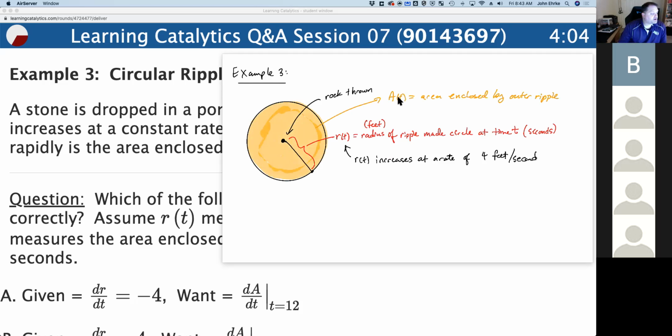So if A of t is our area and R of t is the radius, tell me what rate we want to find and what rate is given.